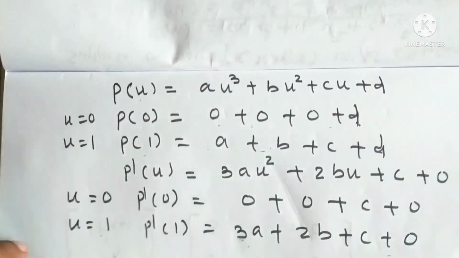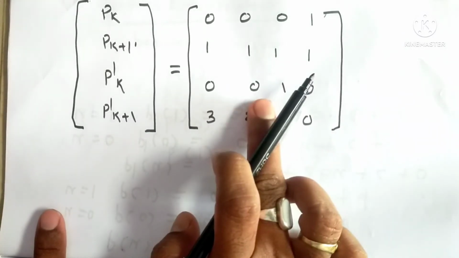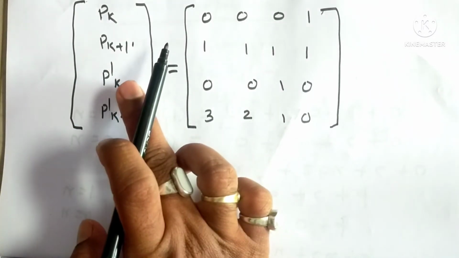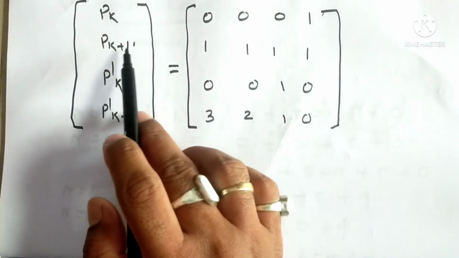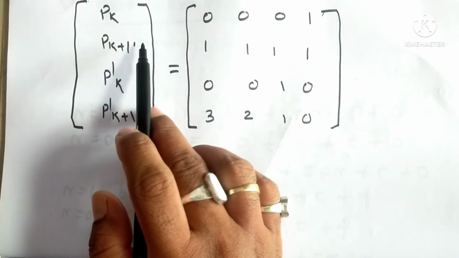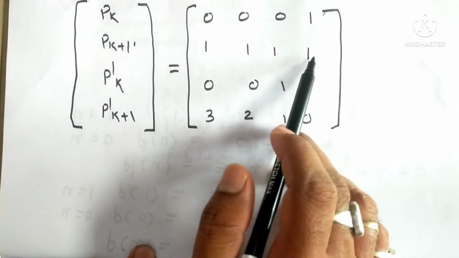So you can check here, the same thing happened in the 3, 2, 1, 0. Similarly, your P dash K of 0 value is 0, 0, 1, 0. And when I fix the Pk plus 1, that is your P of 1 value, when equal to 1, the value is 1, 1, 1, 1.